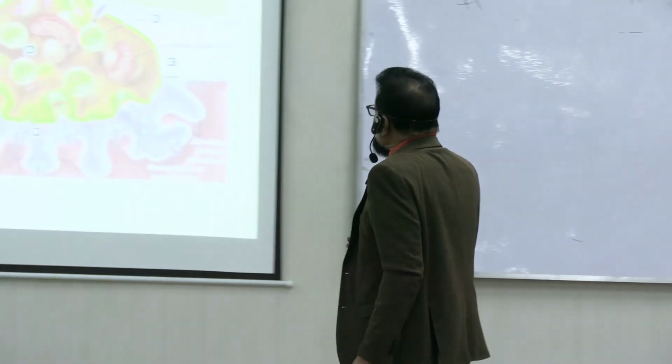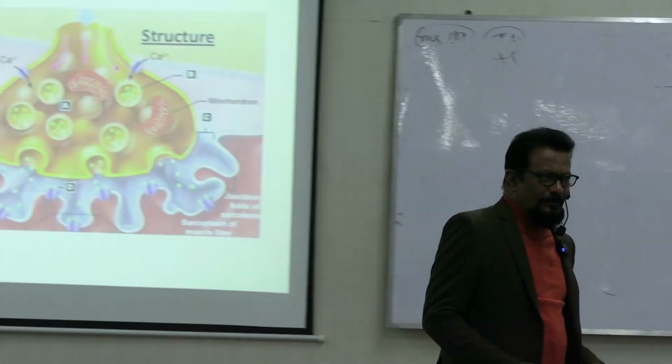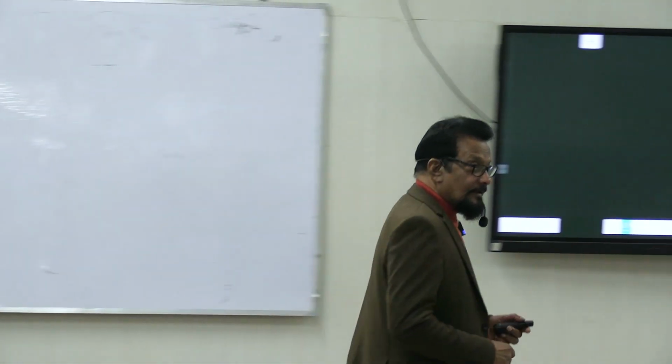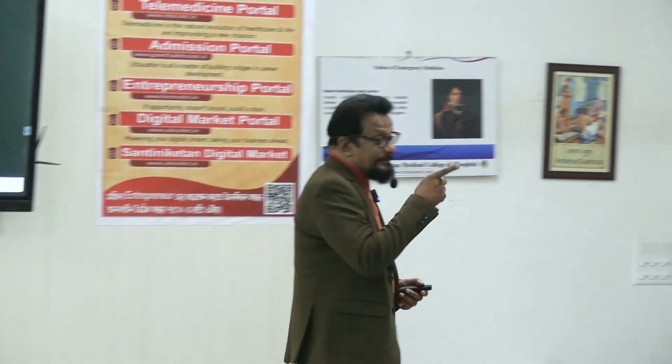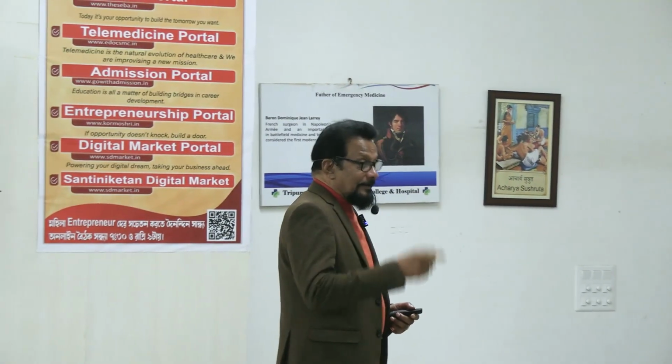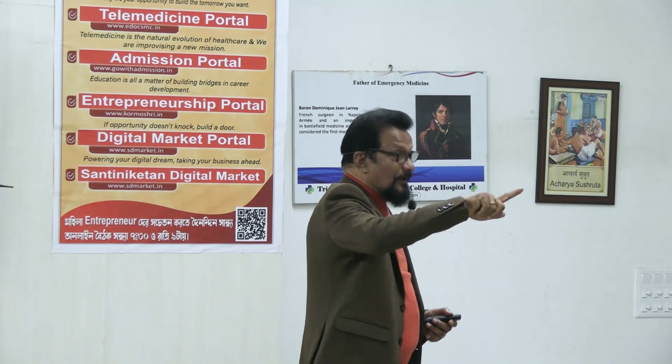And there you will also find mitochondria. What is the function of this mitochondria here? We know that wherever there is mitochondria, there is a need for energy locally for performing a function.